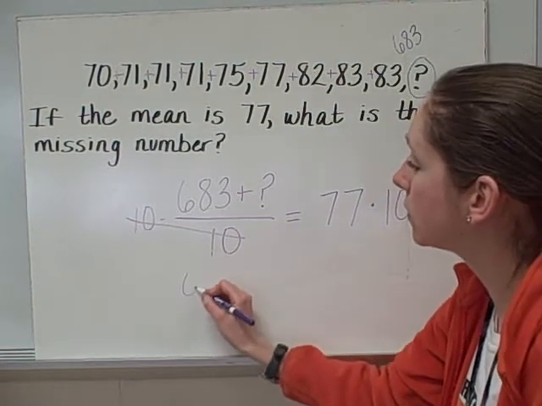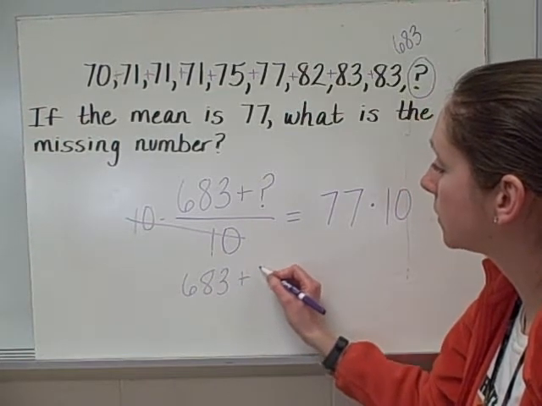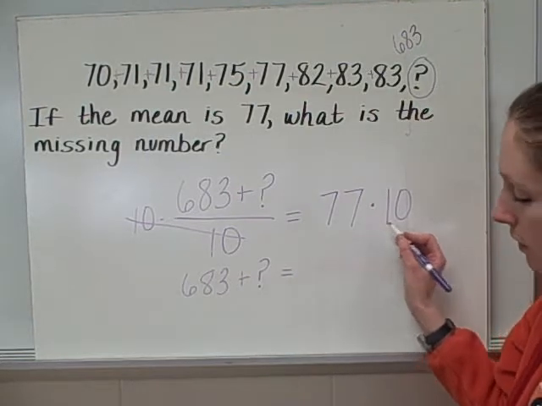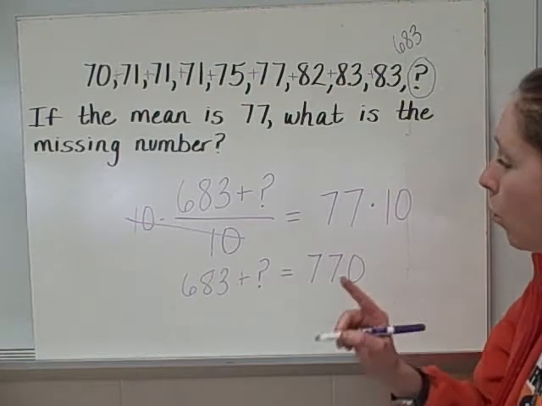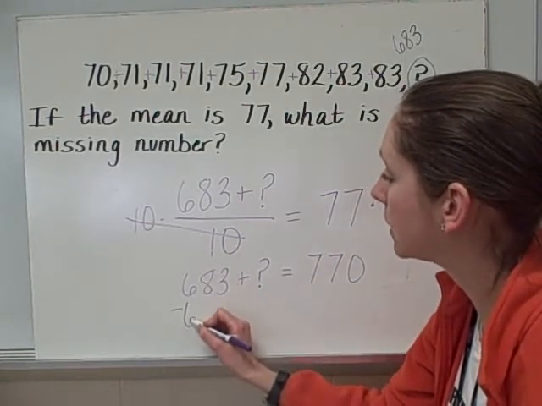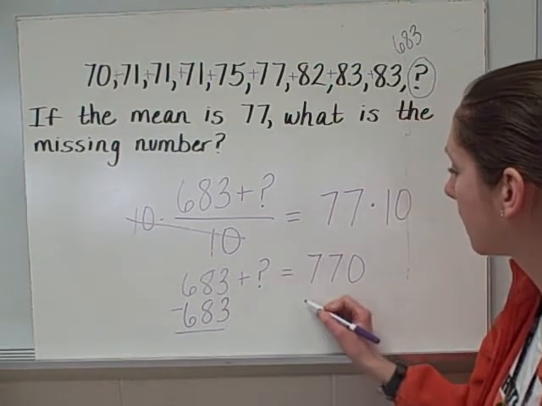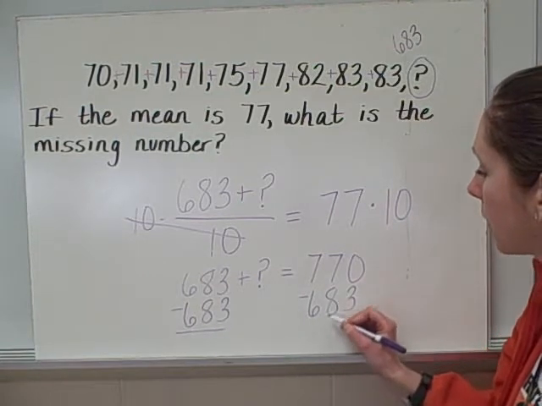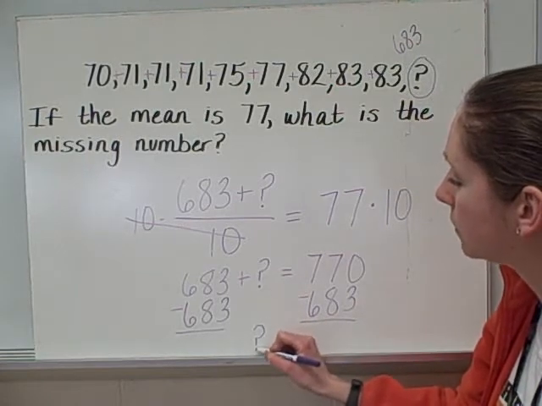So 683 plus some number equals 77 times 10, which is 770. One more step to get the question mark by itself. Subtract by 683 on both sides. And our mystery number is equal to 87.